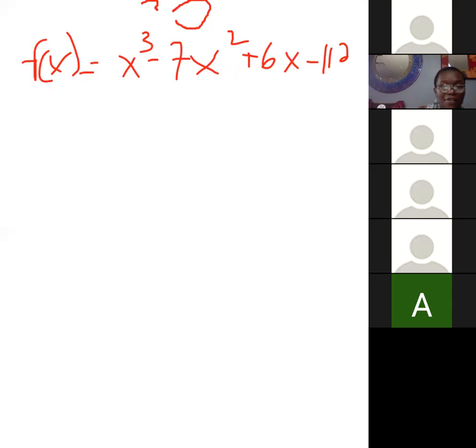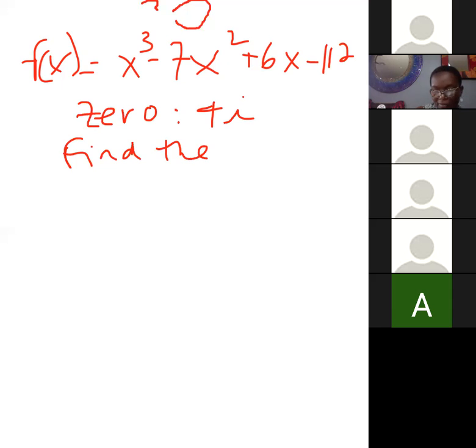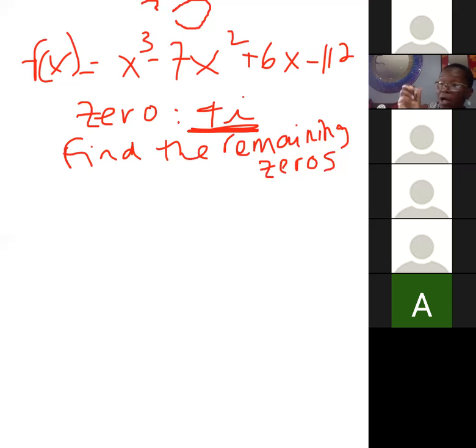Okay, so they're giving you this polynomial right here. And they're giving you a 0, and the 0 is 4i. And they want you to find the remaining zeros. Now, remember, the rule states that when you're dealing with imaginary or complex values, as well as irrational values, they always travel in pairs.